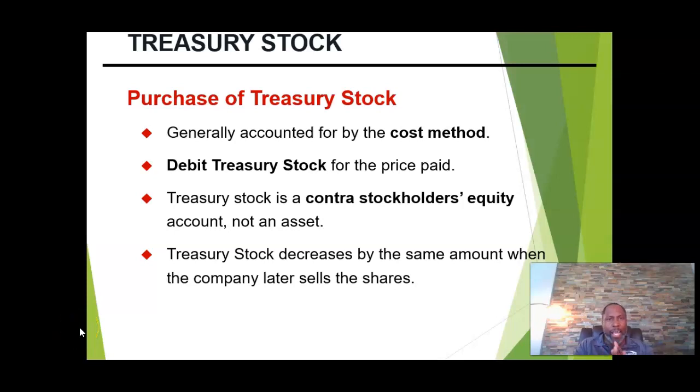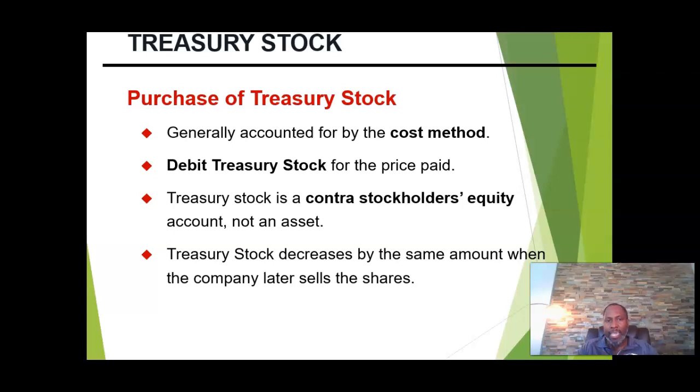And we're back. Treasury stock, again, is when a company buys back their own stock. We use the cost method to account for treasury stock, meaning that we're going to debit the treasury stock account for the amount that the company paid to acquire or reacquire their own stock.